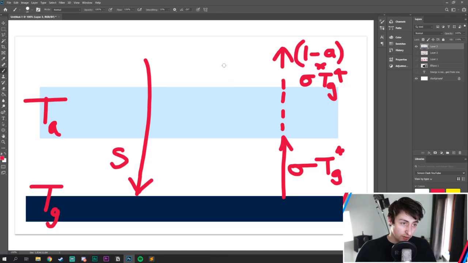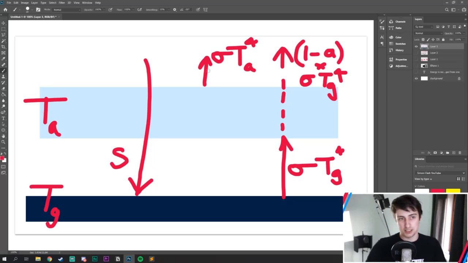However, the atmosphere, because it is a radiative body, it is a thermodynamic object that has a temperature, it also radiates at its temperature, Ta to the 4, but it does so at its emissivity value, which Kirchhoff's law in thermodynamics states is equal to its absorptivity. So that's why I wrote this as 1 minus a, so that we only have one variable to keep track of. But the thing to remember is the atmosphere isn't blocked from emitting downwards as well.